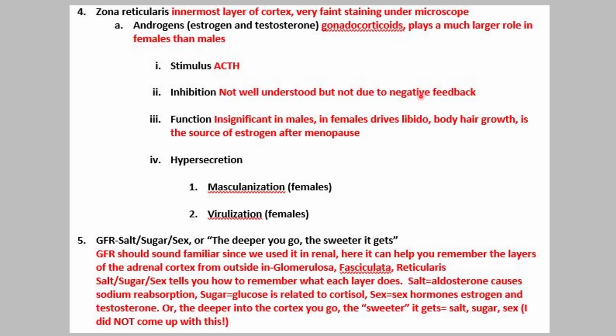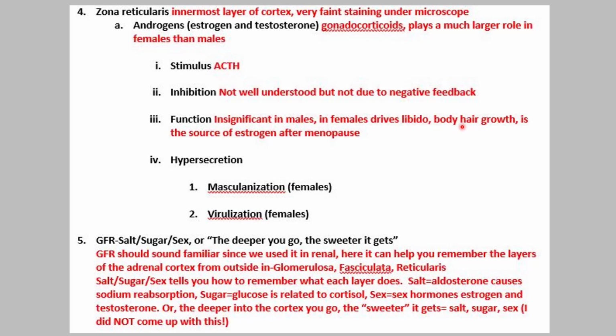It's not negative feedback, but we're not real sure what it is that inhibits it. So function, well, in males, like I just said, doesn't play a really big role. The testosterone plays a much bigger role, and really in males, most of the testosterone is coming from the testes. So in females, it drives libido, sex drive. The sex drive in females mostly comes from the zona reticularis.